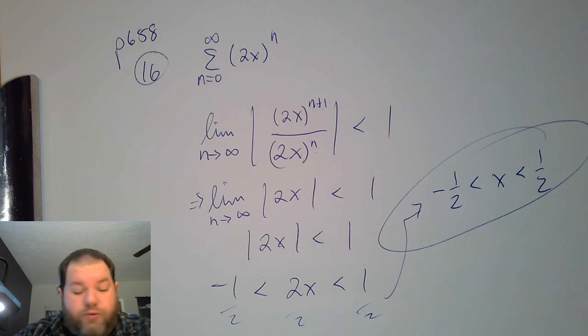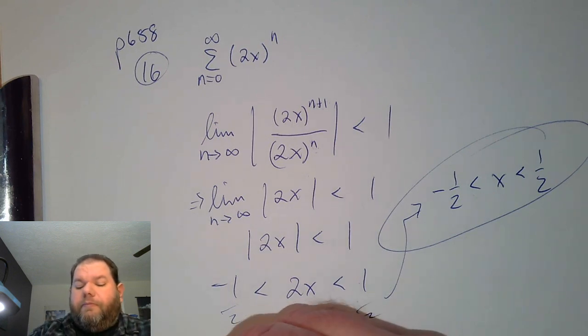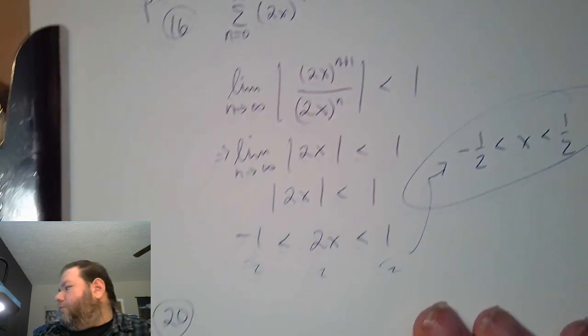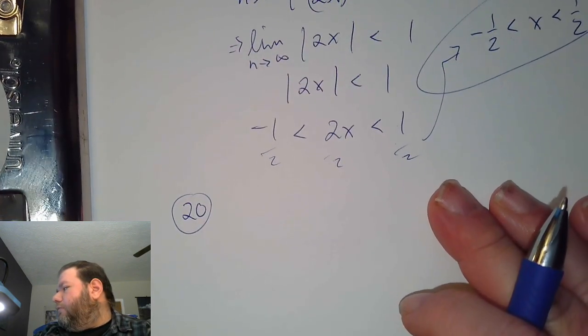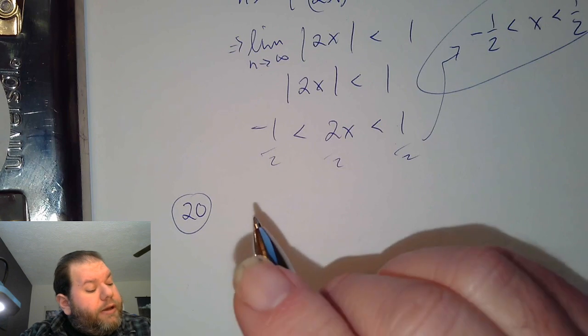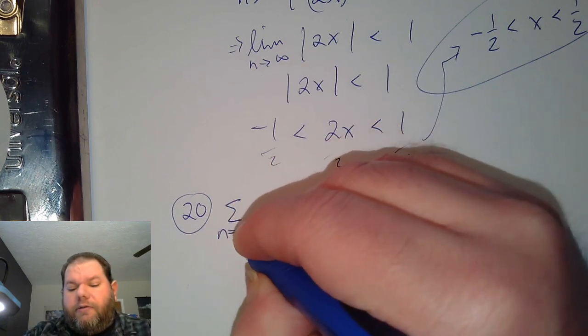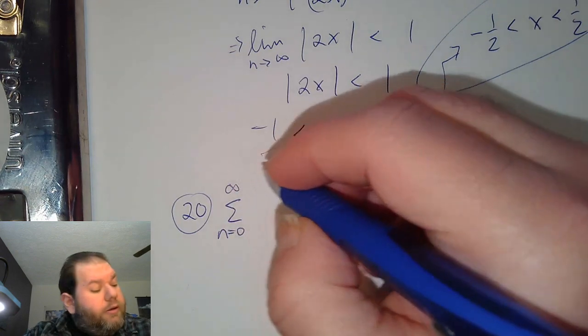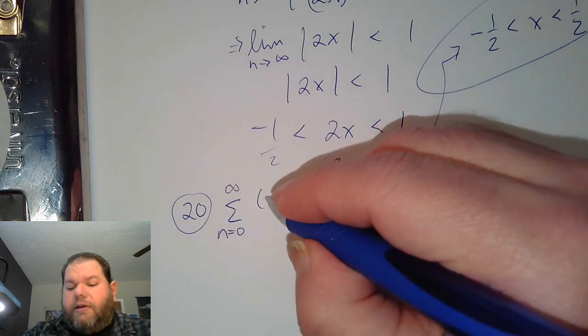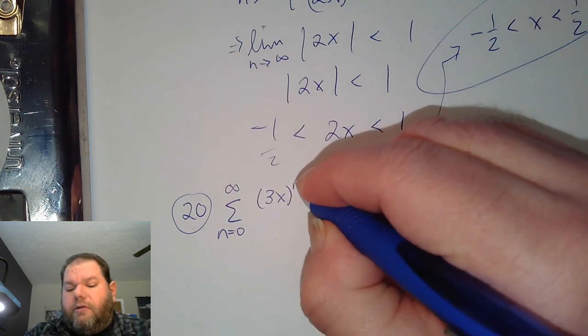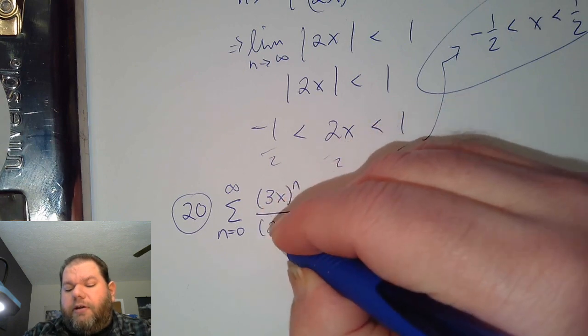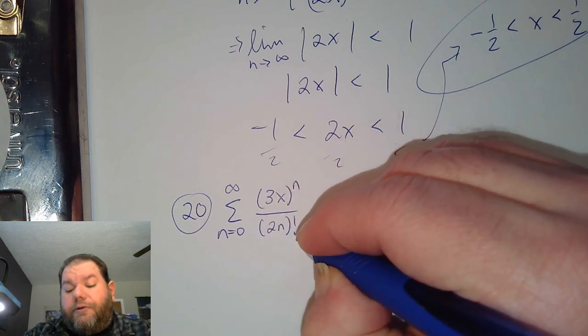And we'll look at number 20. Here we have the sum, n equals 0 to infinity, and we have 3x to the n over 2n in parentheses factorial.